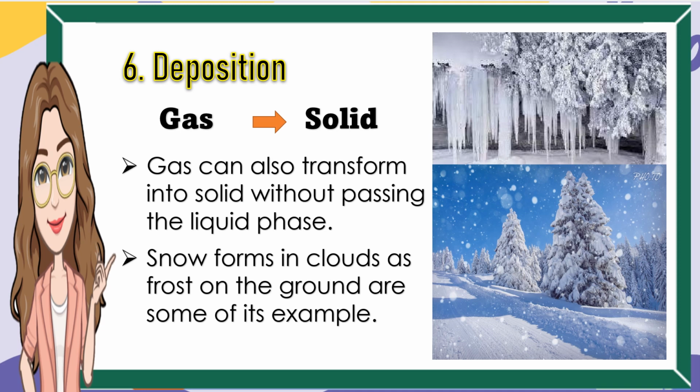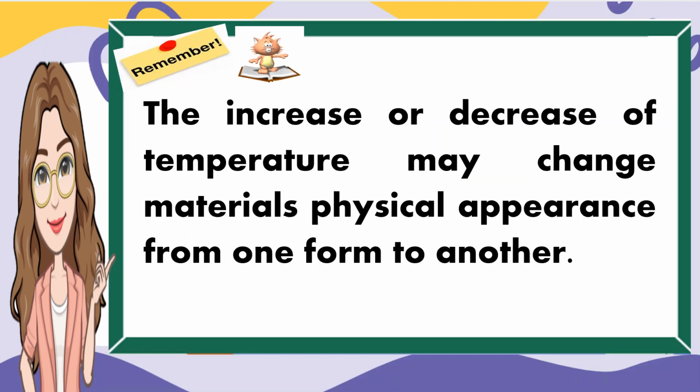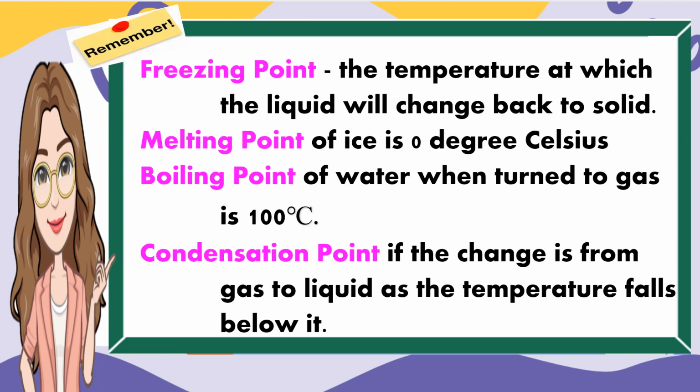So based on the different processes, the increase or decrease of temperature may change a material's physical appearance from one form to another. Another thing to remember, we have the freezing point, the temperature at which the liquid will change back to solid.